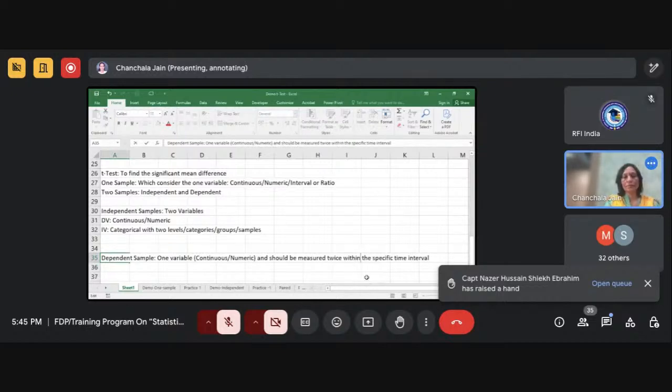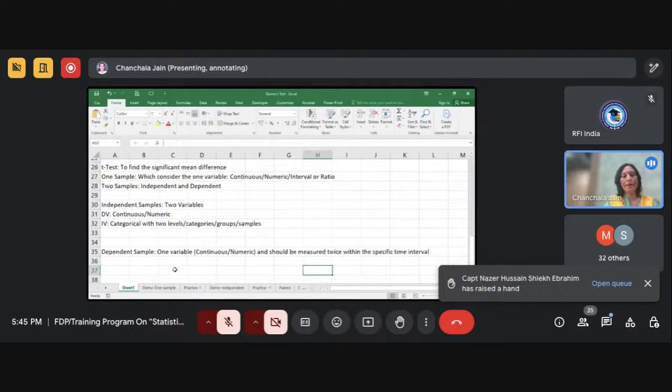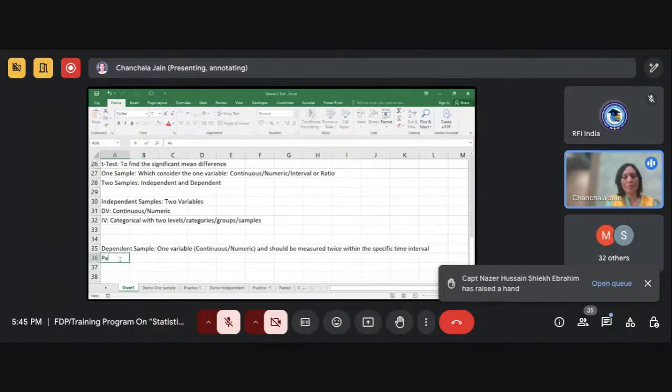Generally, when we talk about the dependent samples t-test, the other name for this is the paired samples t-test. Paired samples means there will be a pairing, and how is the pairing possible? When we are collecting the data for the same individual twice, right?